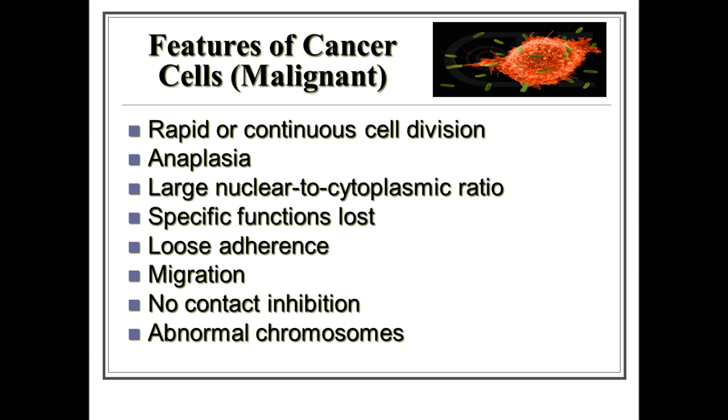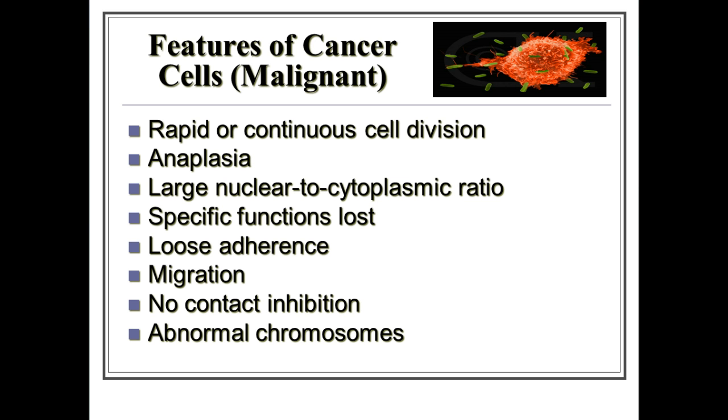Features of a cancer cell. Be able to distinguish the difference: it has rapid or continuous cell growth or division. Unlike the other, it has anaplasia. It has a large nuclear to cytoplasmic ratio. So that's the difference right there: the nucleus of a malignant cancer cell is big with less cytoplasm. Specific functions are no longer there; they're lost.